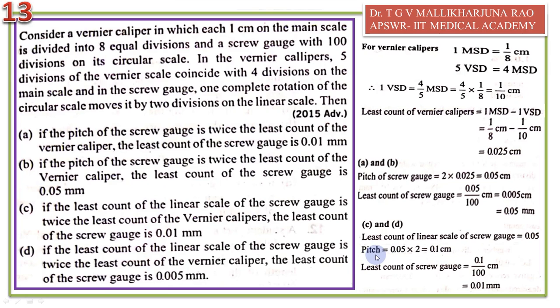That means the pitch of the screw is 0.1 centimeter. Then the least count of the screw gauge is 0.1 by 100. Already we know there are 100 divisions on the circular scale. Therefore the least count of the screw gauge is 0.01 mm. Therefore C option is correct. Therefore here B option and C option are correct. The remaining ones are wrong.